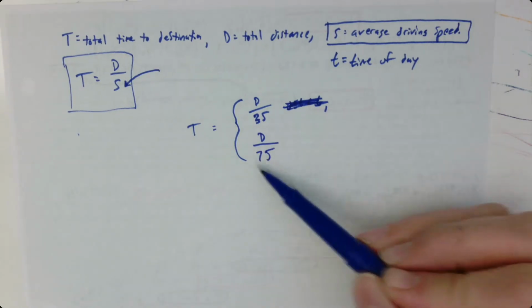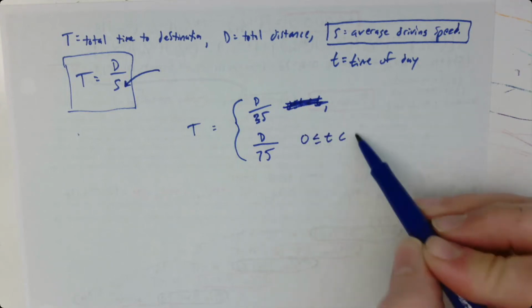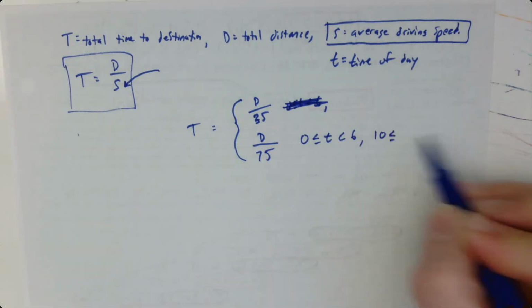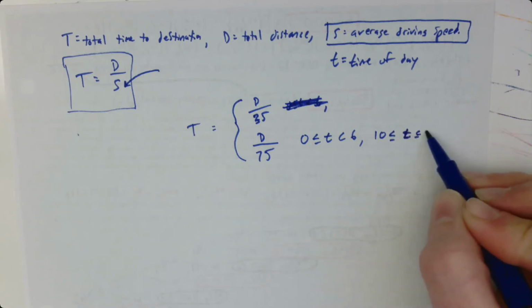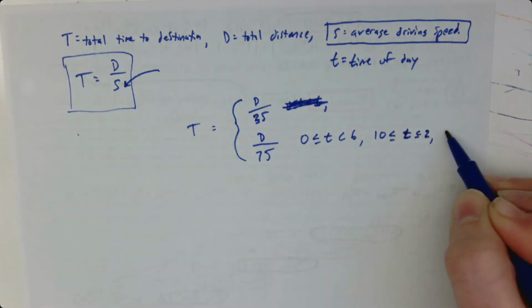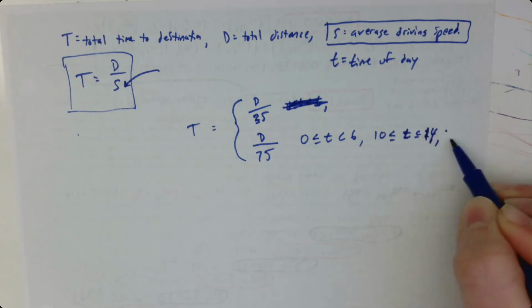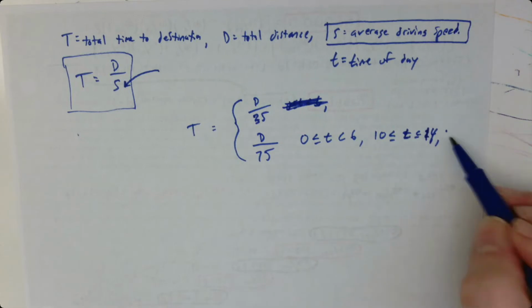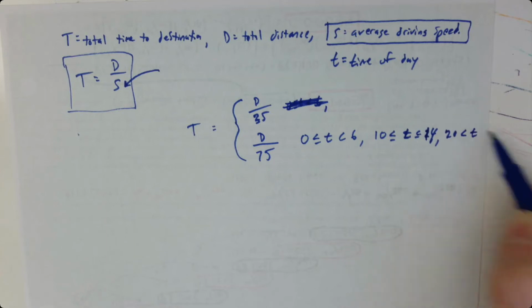So here I've got a speed that's not commute time, and that would be for any times from midnight up to 6 a.m., or from 10 a.m. up through 2 p.m., or anytime after 8 p.m., which would be 20 hours.